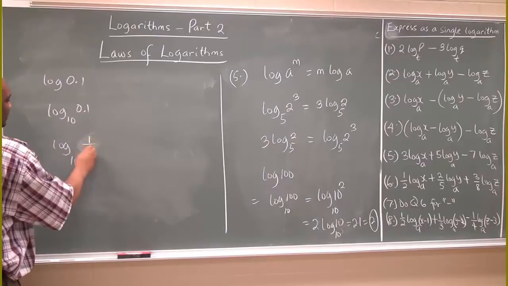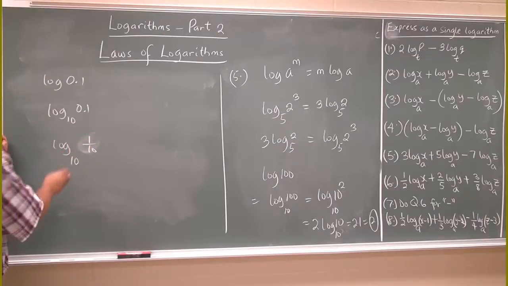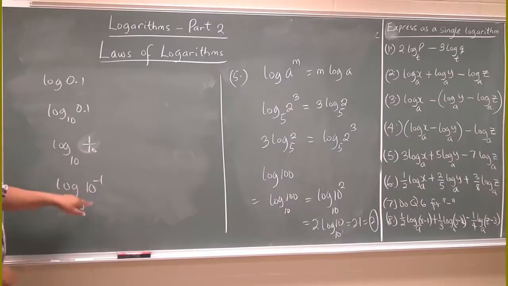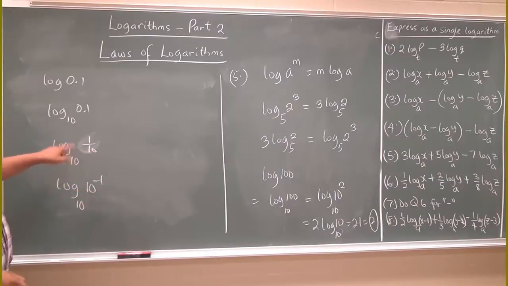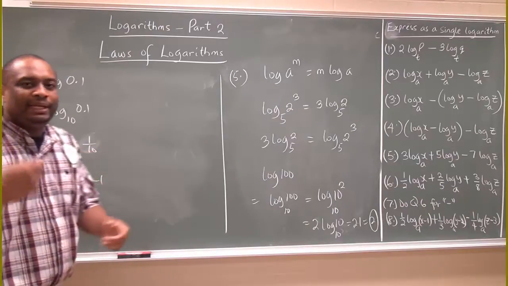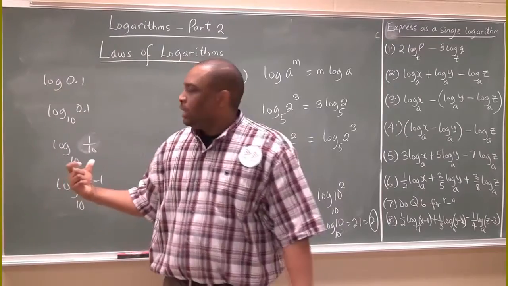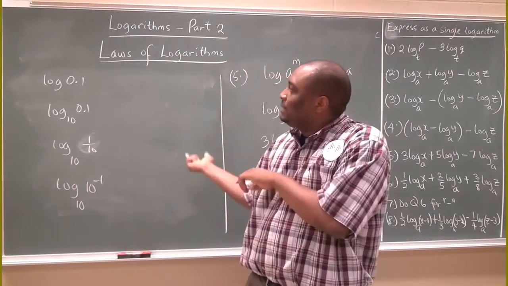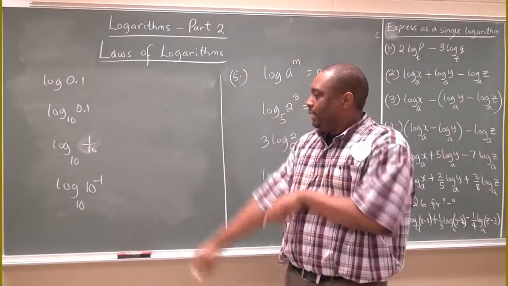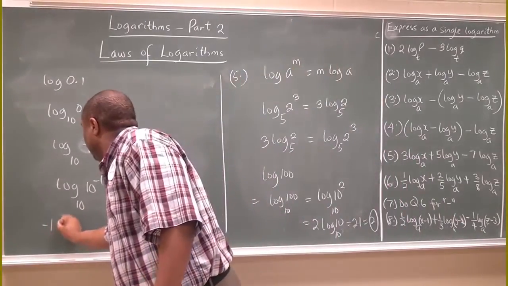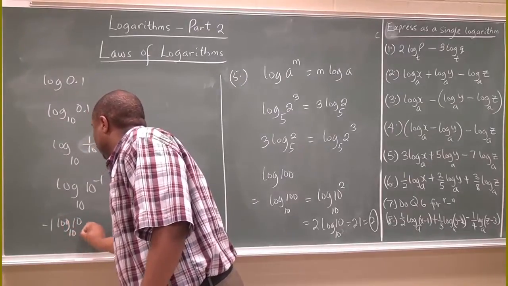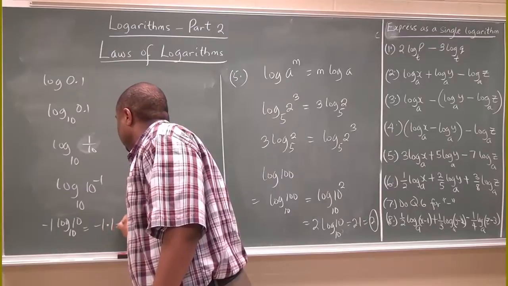This was not the way we did this question in the first video, but with this second video, you can now do it this way. So this is now negative 1 log 10 base 10, and that is equal to negative 1 times 1, which is negative 1.